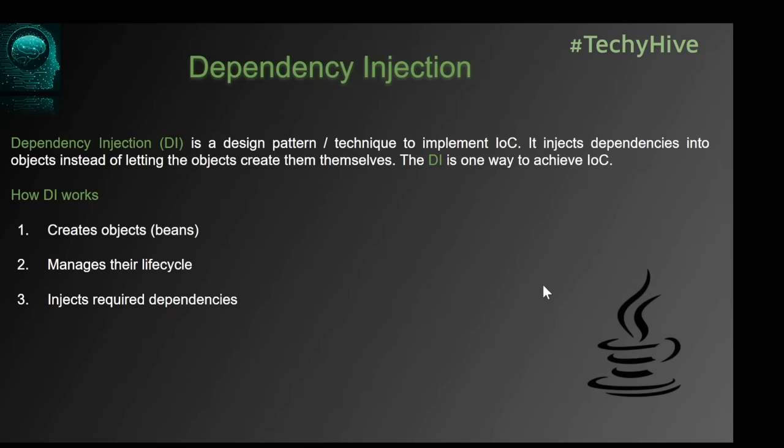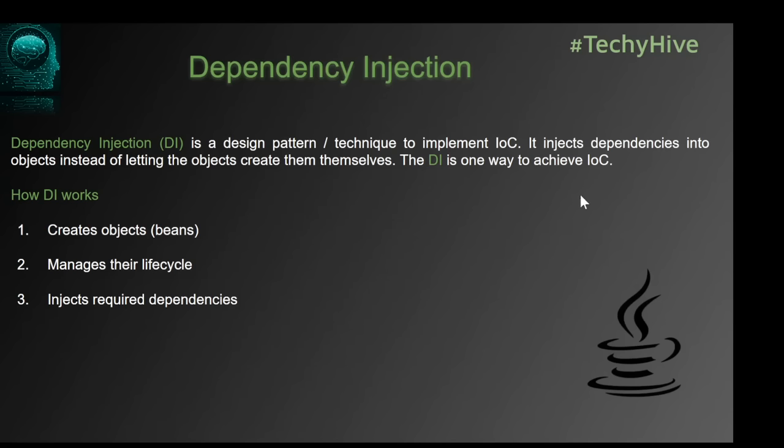Let's see what is dependency injection. Dependency injection, DI, is a design pattern or technique to implement IOC. It injects dependencies into objects instead of letting the objects create them themselves. So DI is one way to achieve IOC. This is the basic difference between inversion of control and dependency injection.